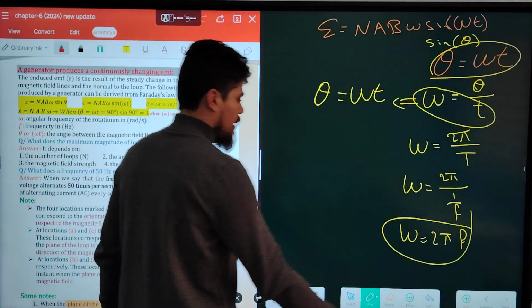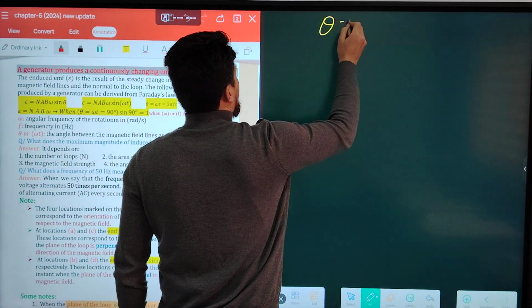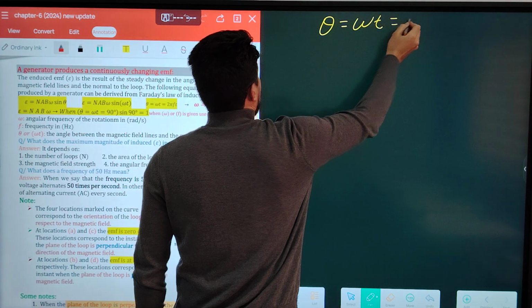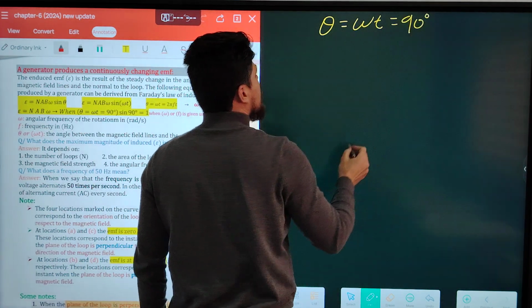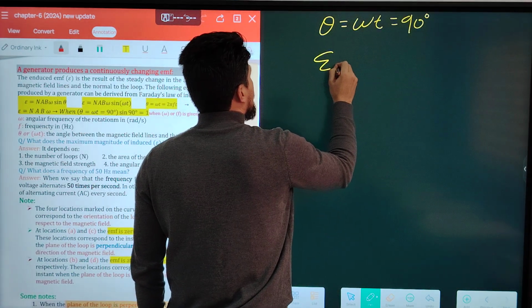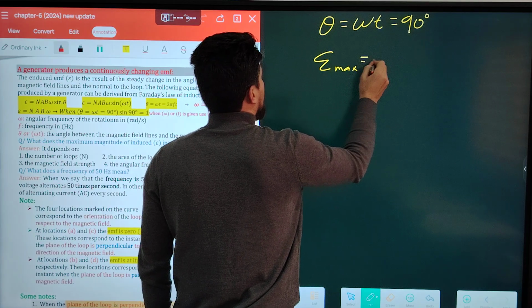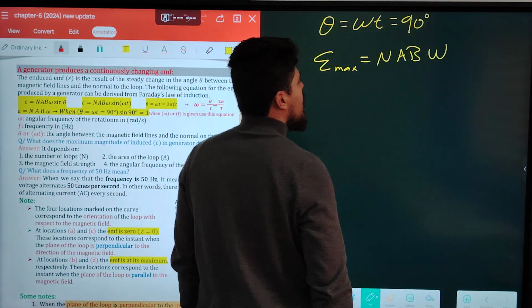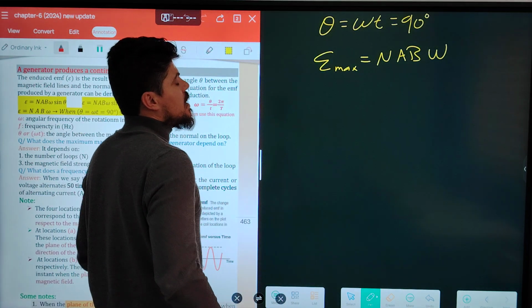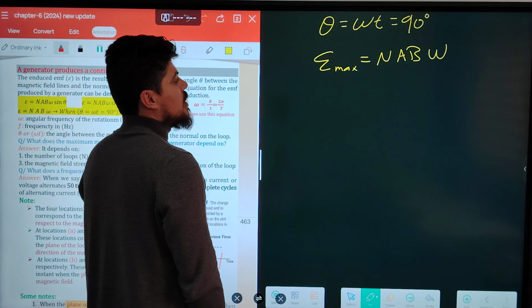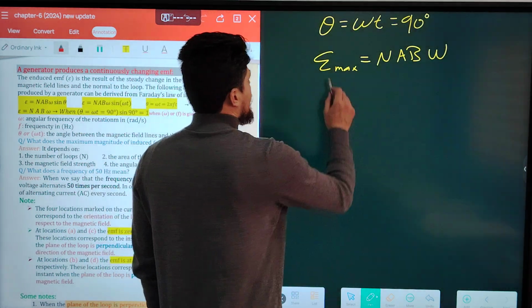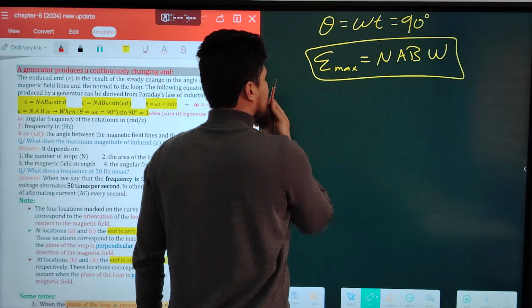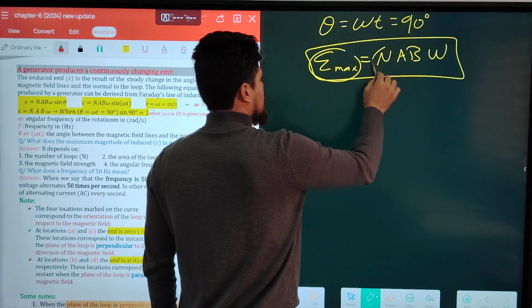If theta or omega t is equal to 90, sine 90 is equal to 1 and EMF becomes maximum: N A B omega. Don't write sine 90 because it is already 1, the maximum value. What does maximum EMF depend on?